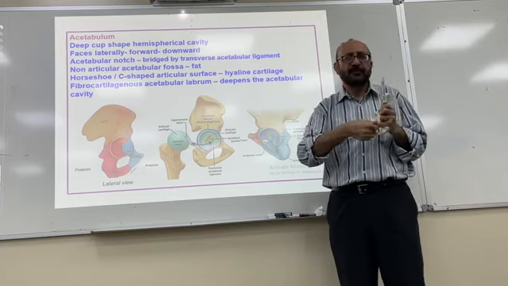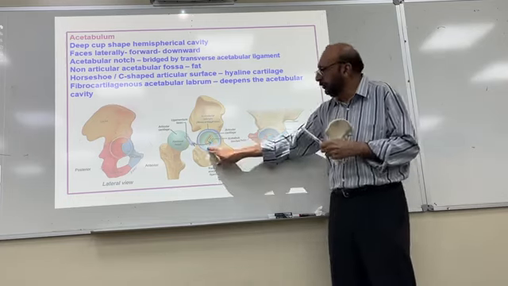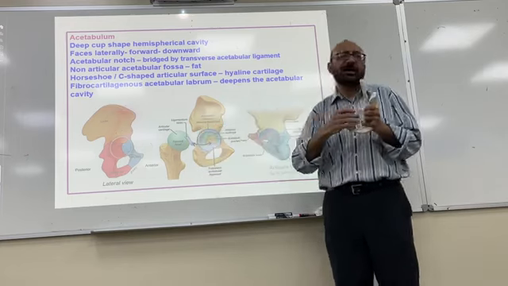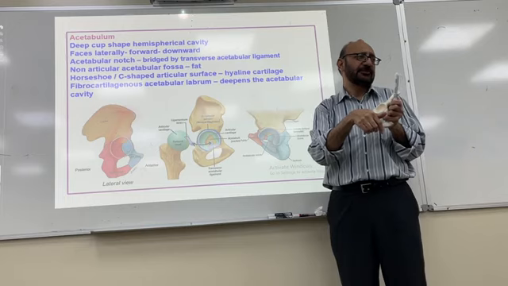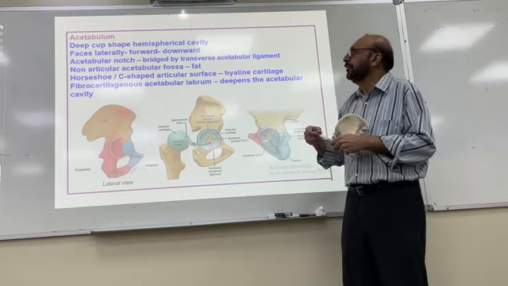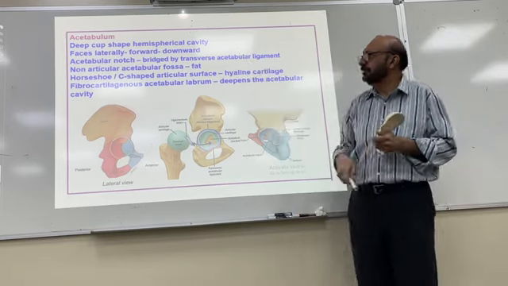The articular part is covered with hyaline cartilage, of course, and the capsule, of course, the fat and the non-articular part are intracapsular. Understand it? Yes. Good. The fibrocartilaginous acetabular labrum deepens it, and so on. Okay, nothing new.